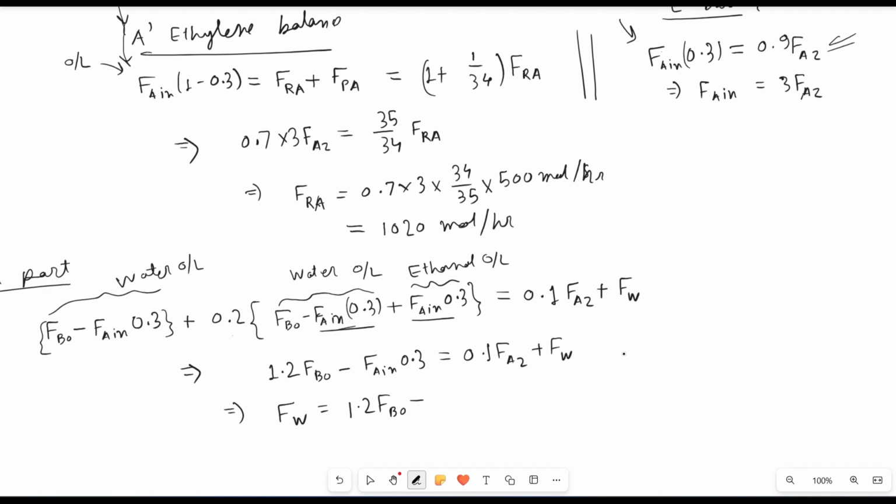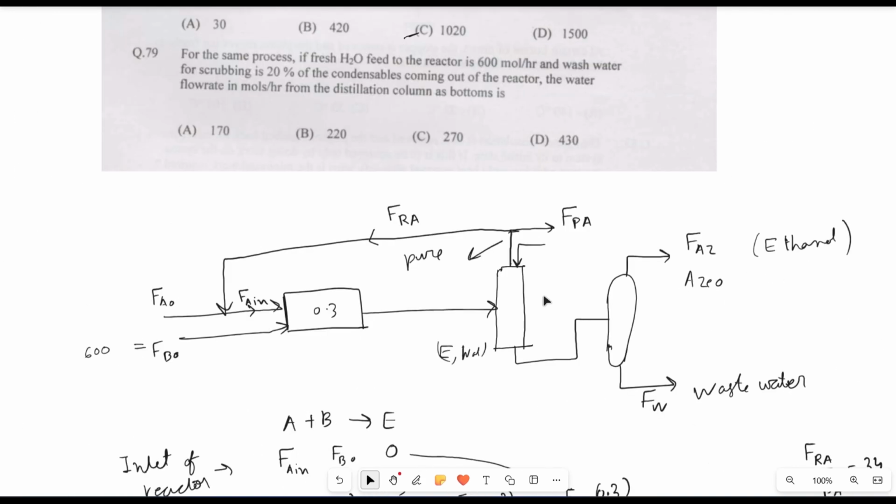So I will write 0.9 FAZ minus 0.1 FAZ, which is equal to 1.2 into FB naught, the water supplied to the reactor, which is 600, minus FAZ, the product flow rate in the question, which is 500 moles per hour. If you do the calculation, you will get 220 moles per hour. The answer is 220 moles per hour.